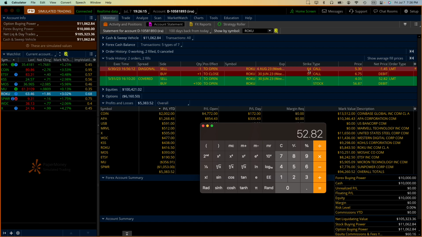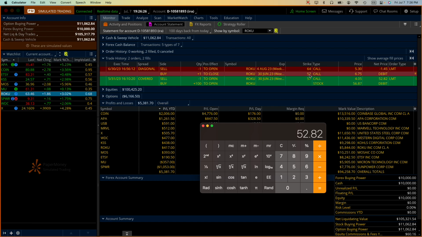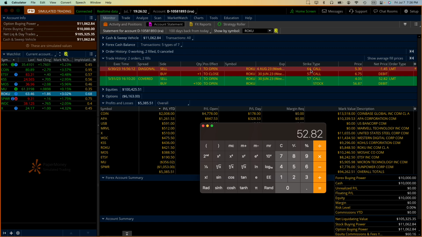So you're paying more for that option, but you're essentially paying less because it's closer to the money. So you're getting less and you're paying a lot for this one, but you're getting more extrinsic value. So it's a debit in the end.